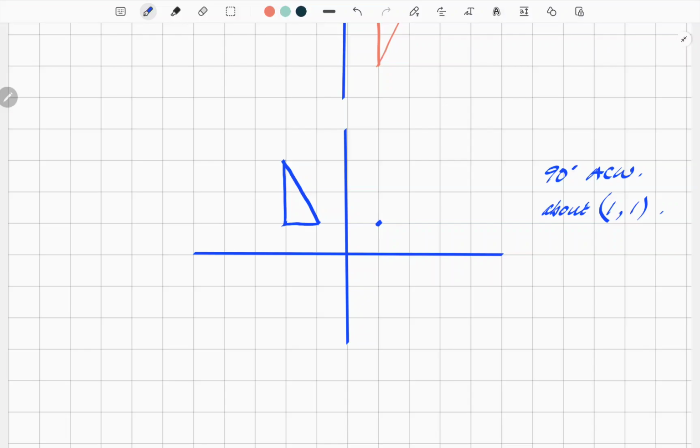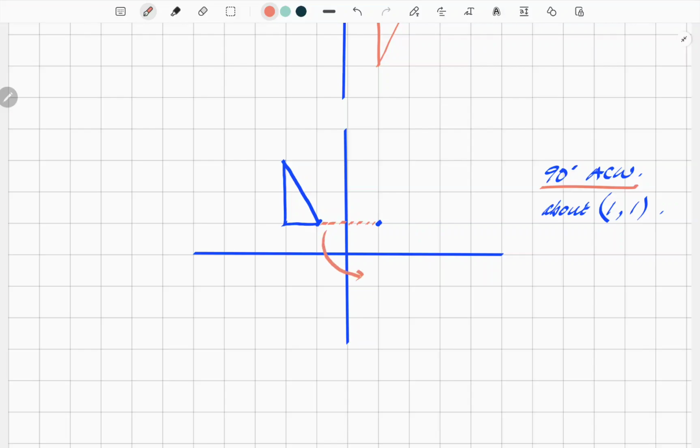Now take the vertex here, the corner that I'm pointing to, and draw a line. Let's do it in red, like that. That line needs to rotate 90 degrees anti-clockwise. So you want to move that line like that.